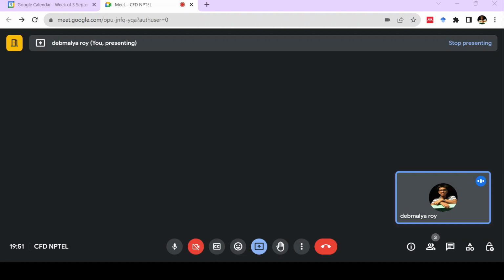Multiply 2 and add, this also becomes 0. Multiply 2 and add, this becomes 2.